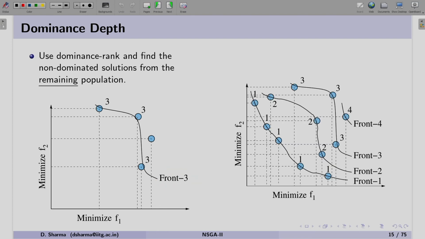And finally, the dominance depth method will sort all the solutions into front 1, front 2, front 3 and front 4 for the given example. Now, while following the dominance depth method, the worst case complexity of this method is order of MN squared.